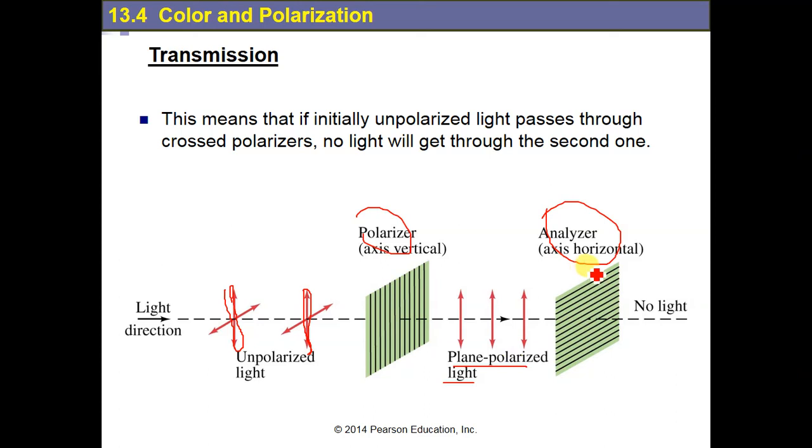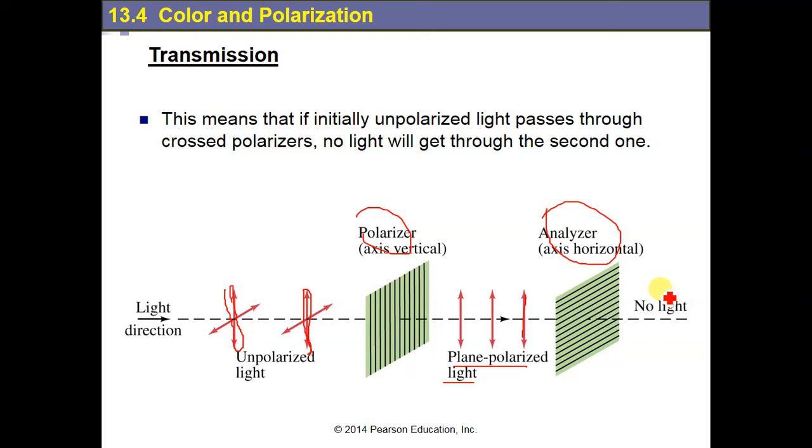If I use a second polarizer with its transmission axis perpendicular to the first, can you pass this light through this material? We can't pass it to the other side. The light will be absorbed by this material and no light passes to the other side.